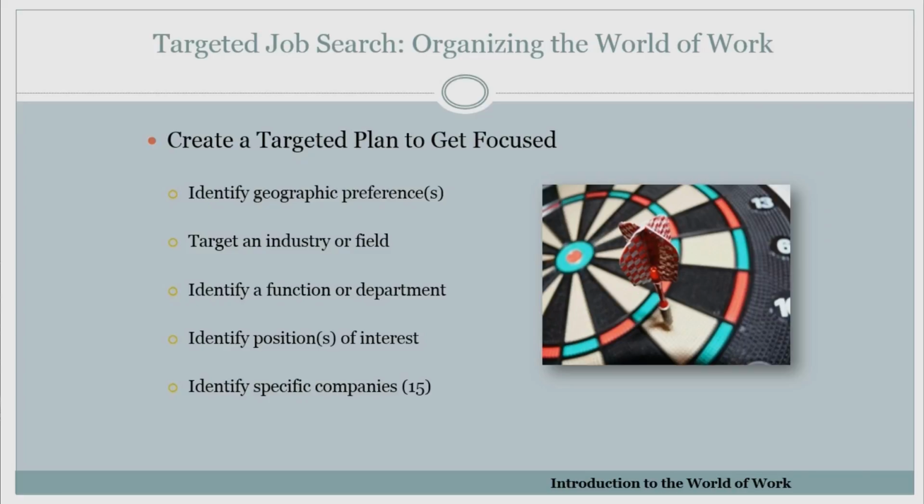What is the industry or field you're interested in, the function or actual department within the company, as well as specific job titles you're kind of interested in. And then within that geographic area, what specific companies would you like to target? So this is called a targeted job search plan, and you can have more than one target at a time for sure, and you can certainly change them. But this is very helpful and another thing to consider.